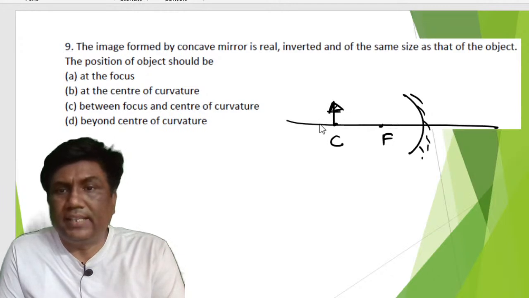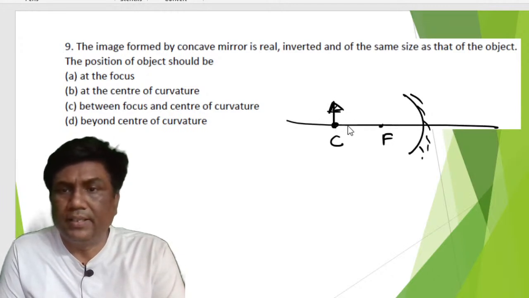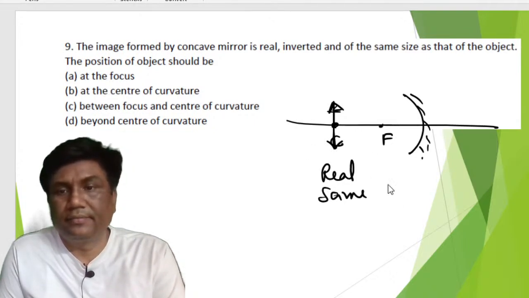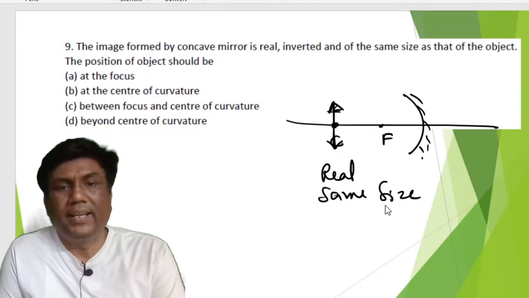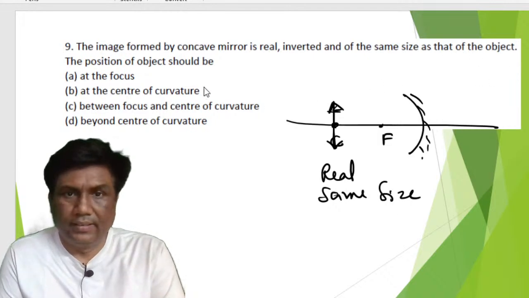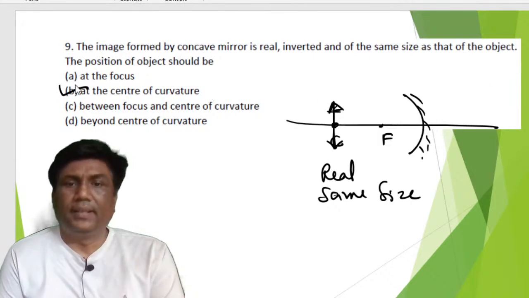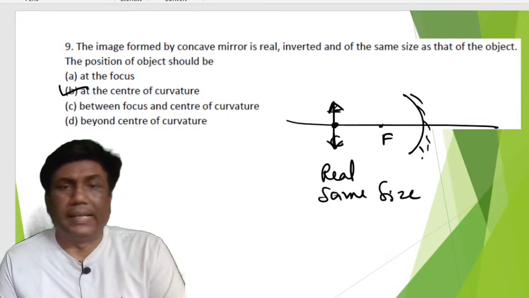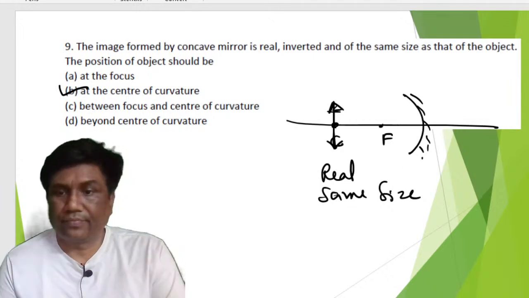When the object is at the C, the center of curvature, the image is also formed at the C only. That is real, same size, well, and inverted. So the answer should be what? At the center of curvature only, okay, in this question.